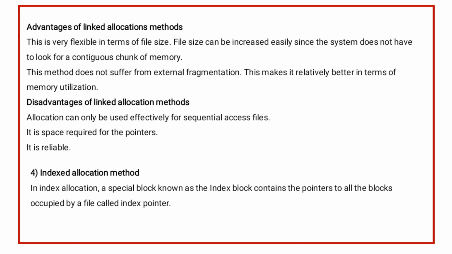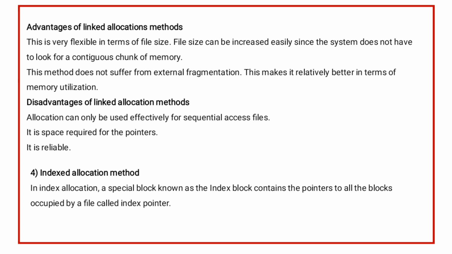Next allocation method is the indexed allocation method. In index allocation, a special block known as the index block contains the pointers to all the blocks occupied by a file. Each file has its own index block, which is an array of disk block addresses.